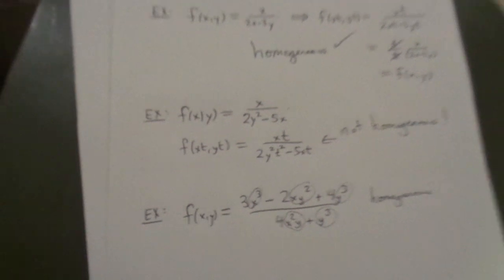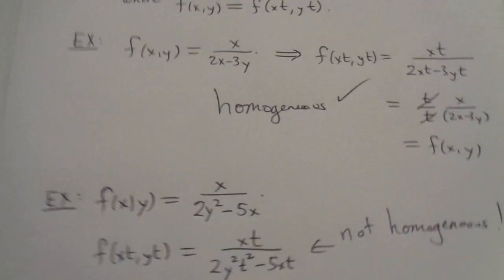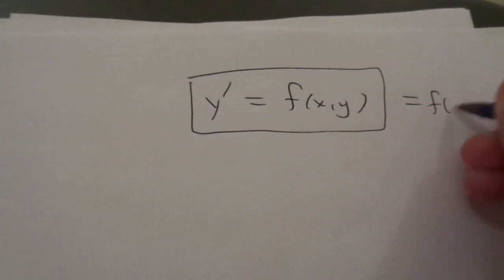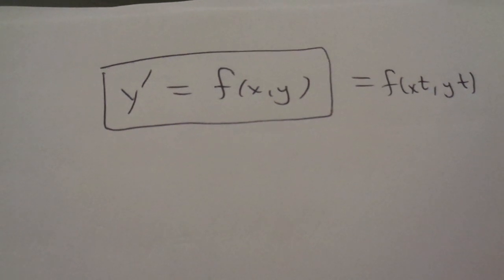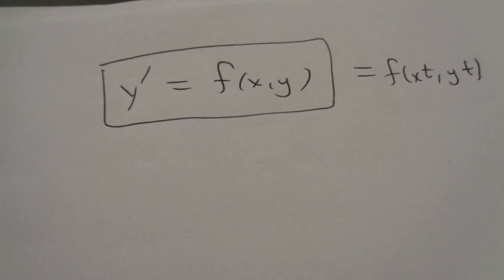It's important that you understand what a homogeneous differential equation looks like so that you'll be able to solve these problems. Now, let me tell you how you actually solve a differential equation that's homogeneous. Suppose that you have a differential equation that you've written like that, and suppose that the right-hand side is homogeneous so that that little t trick works, okay?